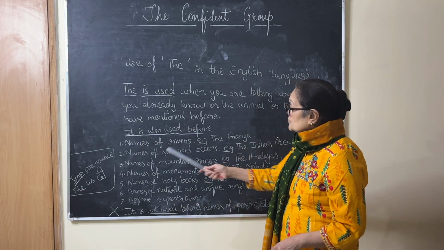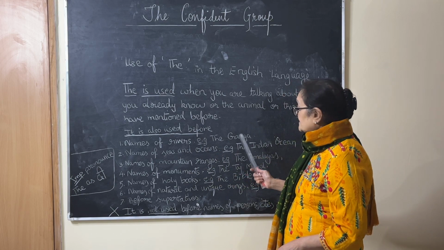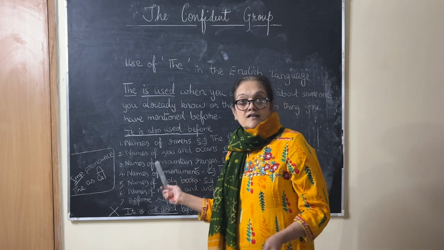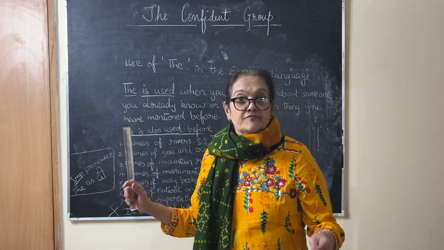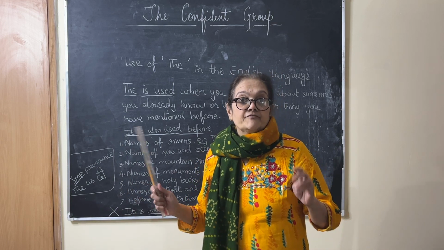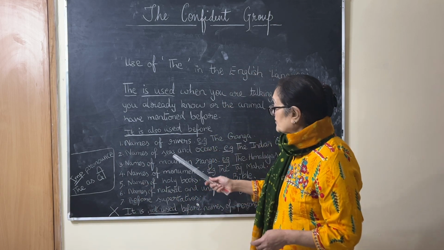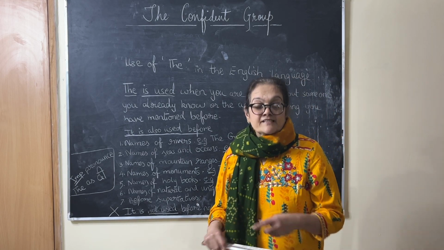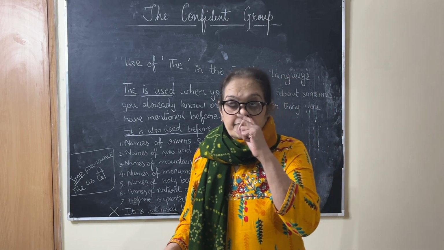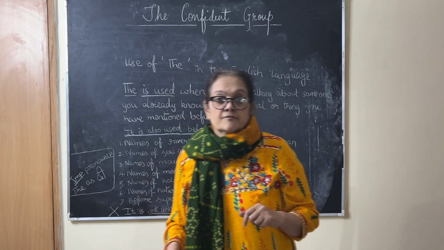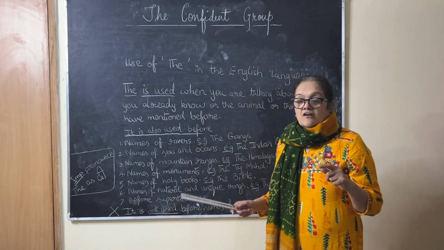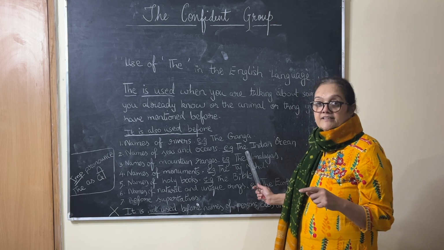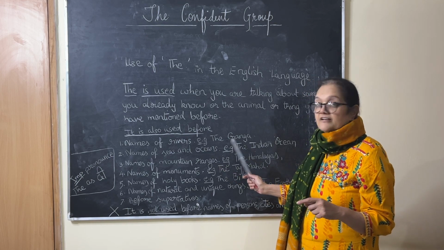It is also used before names of rivers, like the Ganga. We don't say Ganga or river Ganga. We say the Ganga when we are talking about the river Ganga. Names of seas and oceans: the Indian Ocean, the Pacific Ocean, the Antarctic Ocean. These are also starting with "the", as rivers and oceans are.